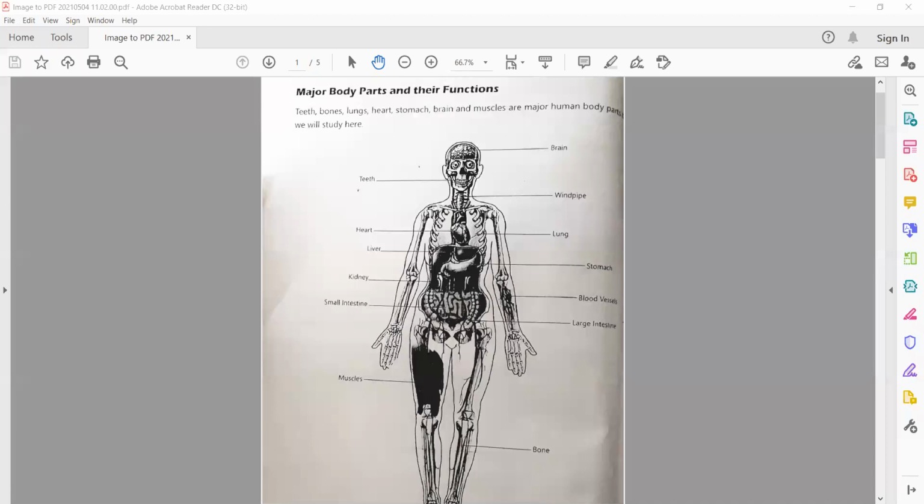Then let's move to the next body part. The food passes from the stomach through a long tube called the small intestine. In the small intestine, more digestive juices are added to the food, which makes the food softer.